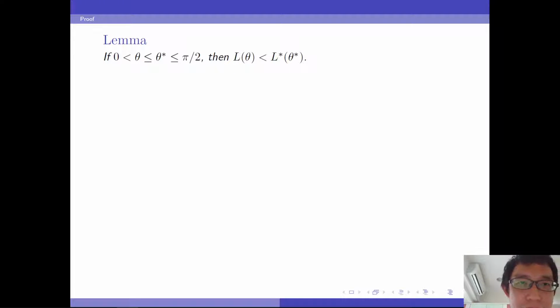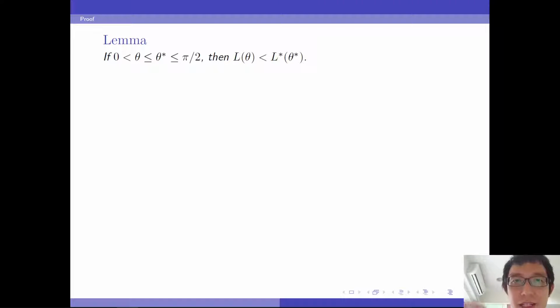Let's begin with a lemma. For any angle theta star, the length of the perfect arc with normal cosine theta, sine theta is less than that in the unit disk at theta star.